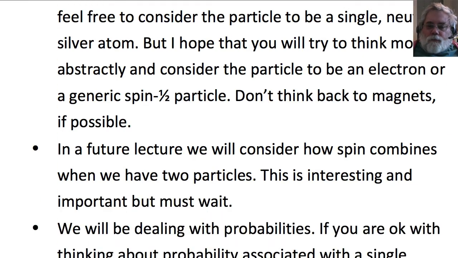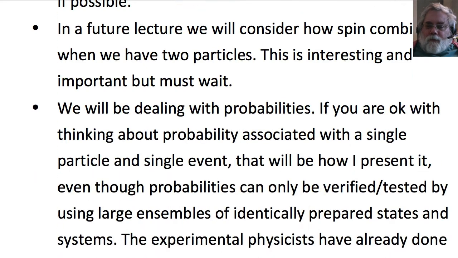In a future lecture, we'll consider how spin combines when we have two particles. That is interesting, it's important, but it has to wait. We have to learn the behavior of a single particle first. We're going to be dealing with probabilities, and if you're okay with thinking about probability associated with a single particle and a single event, that is going to be how I present it.